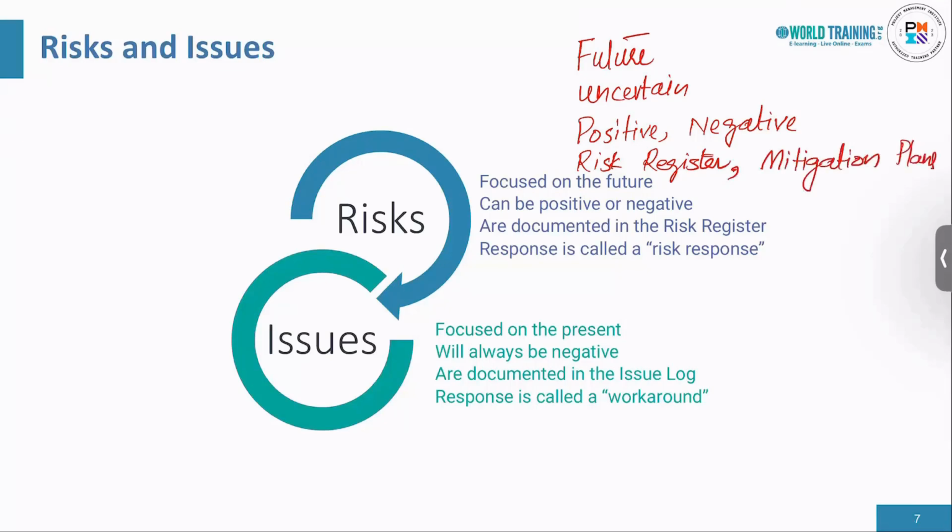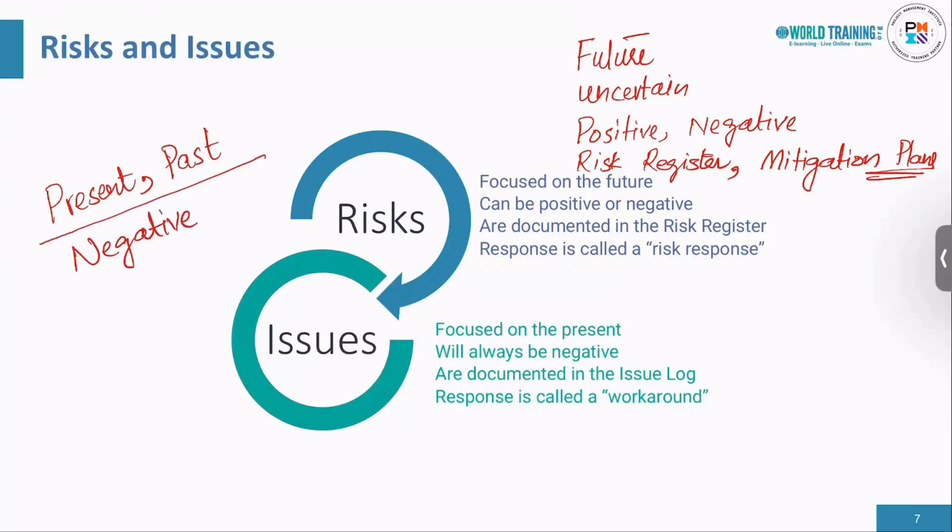However, when it comes to issue management, issues are not future events. They are either present or past events, meaning events which have already occurred. Next, they are always negative in terms of their impact on the project outcome.